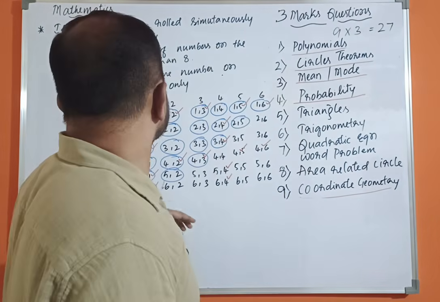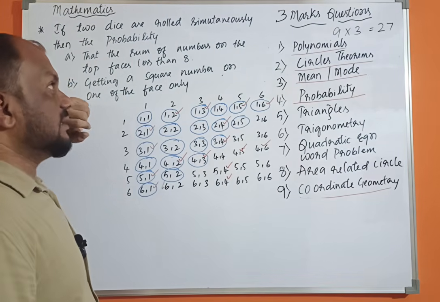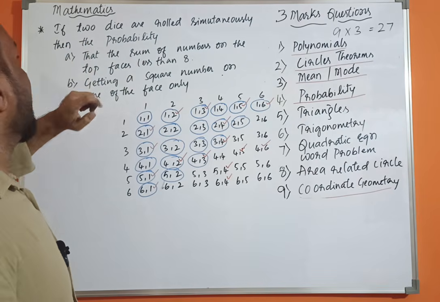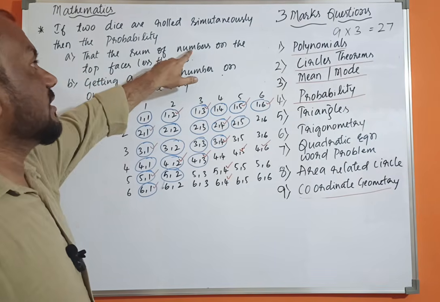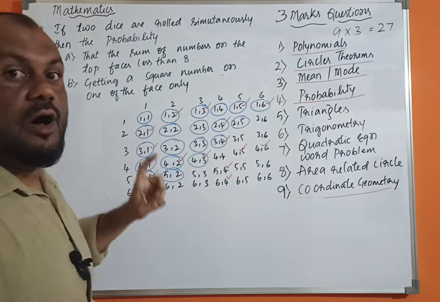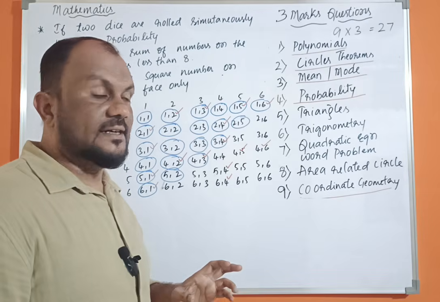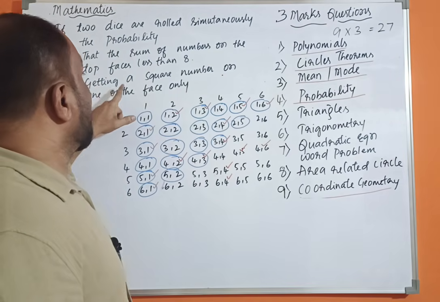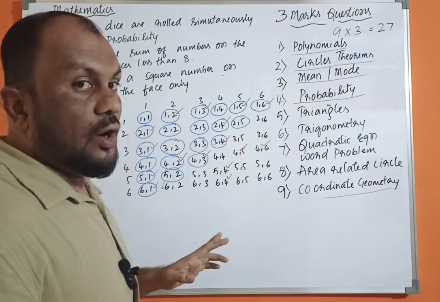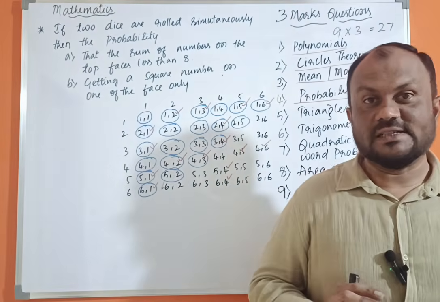Here the question is: if two dice are rolled simultaneously, then find the probability that the sum of numbers on the top faces is less than 8. Then next, getting a square number on one of the faces only. On the one face, a square number should be there.